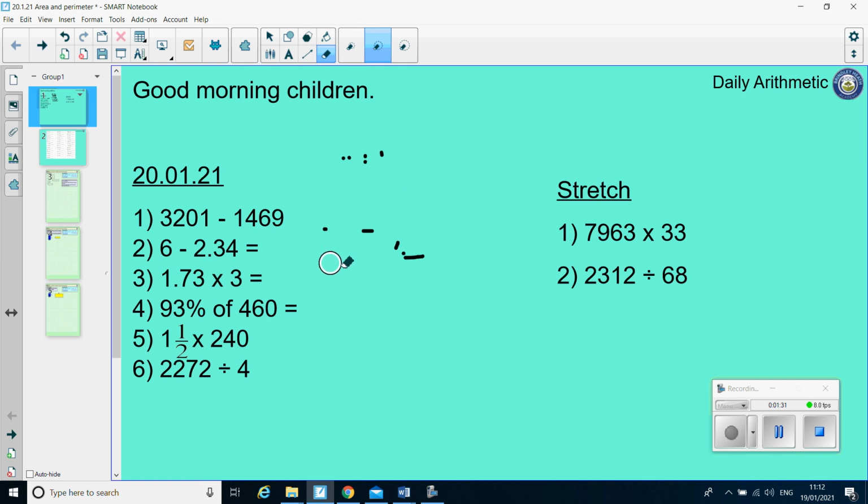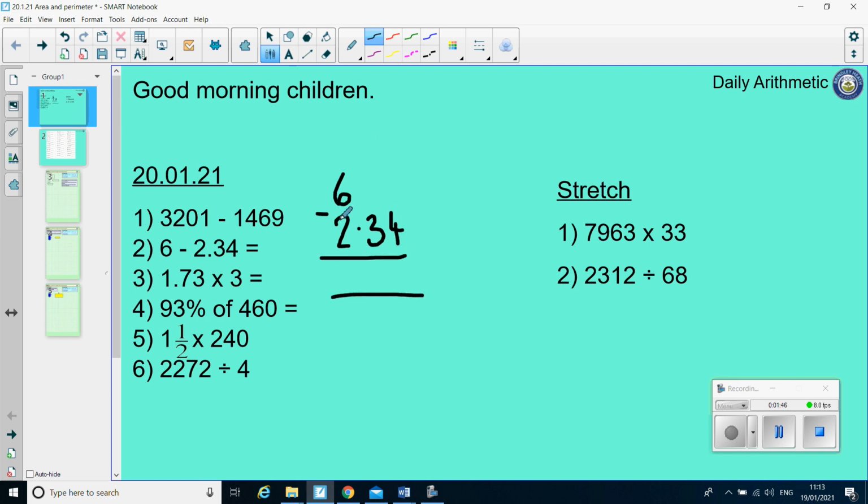Okay. Question 2, again a column subtraction. I just had to make sure I was lining up my digits correctly. So I had 6 take away 2.34. And I was making sure I'm lining those digits in my ones column up in the correct columns. You can put some placeholders in after the decimal point to help you know what you're doing. First of all, I'm going to ask myself, what is 0 take away 4?